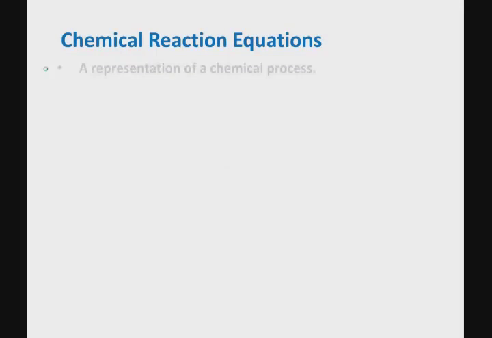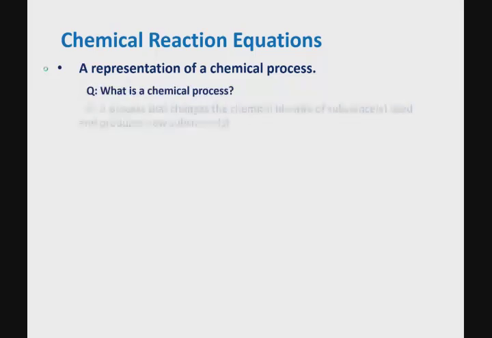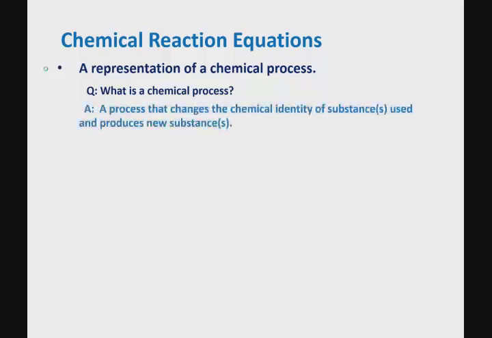Okay, so let's get started with a chemical process. What is a chemical process? Does anybody remember that? If you remember from a while ago, a chemical process is a process that changes the chemical identity of a substance, creating substances that are new, that did not exist before.